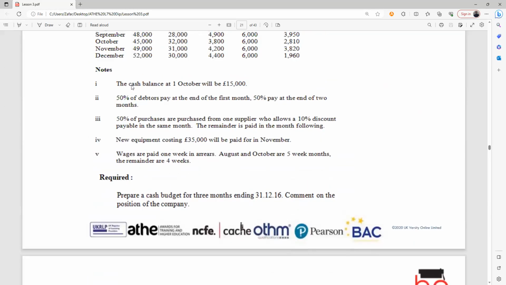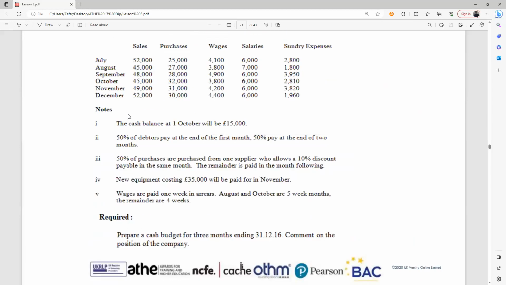You need to look at the notes, Alexander, and read the notes. So the cash balance is 15,000, so you begin with October the 1st, 15,000. Then note number 2 says 50% of debtors pay at the end of the first month and 50% of the debtors pay at the end of 2 months.